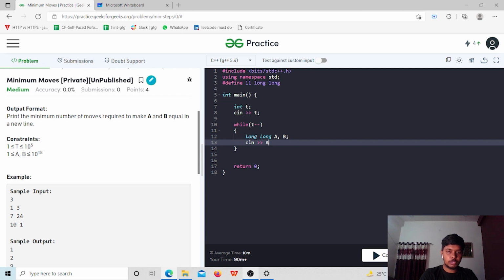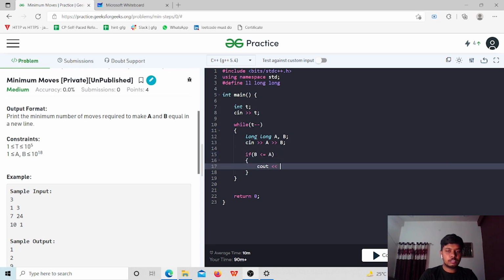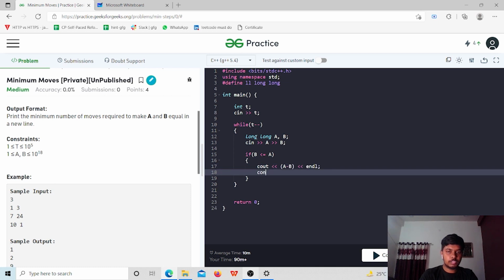Then we will take the input, right? Now, as we have discussed, if b is less than or equal to a, we print the answer as a minus b, right? And we can continue.